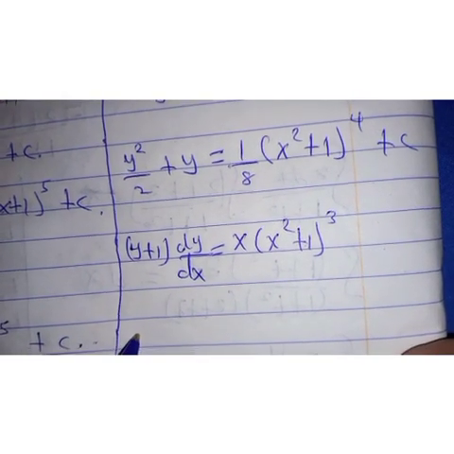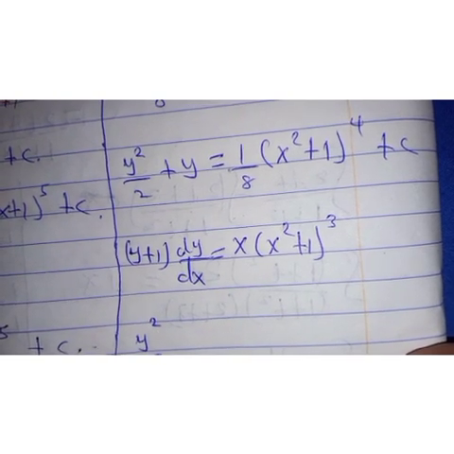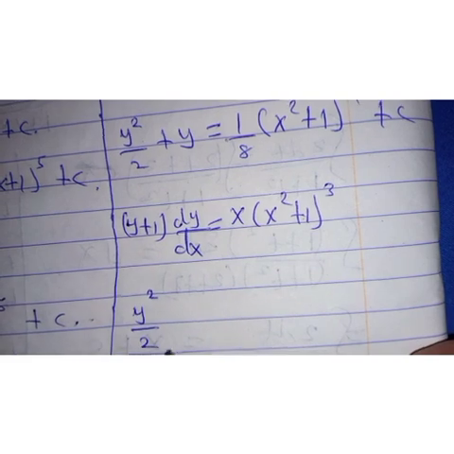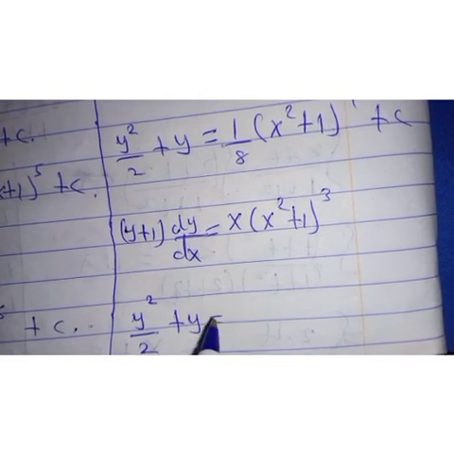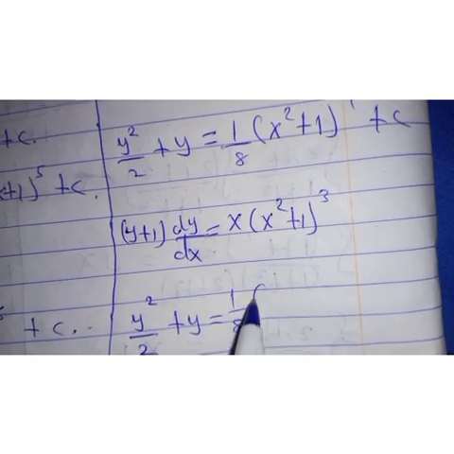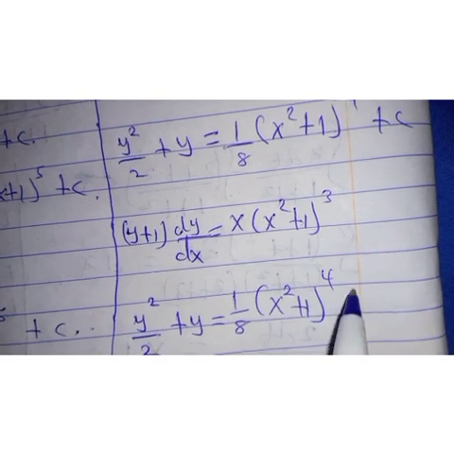So the solution which we have obtained is y squared divided by 2 plus y, which is equal to 1 over 8 into bracket x squared plus 1, everything power 4 plus constant c.